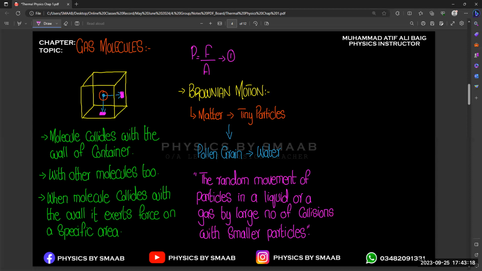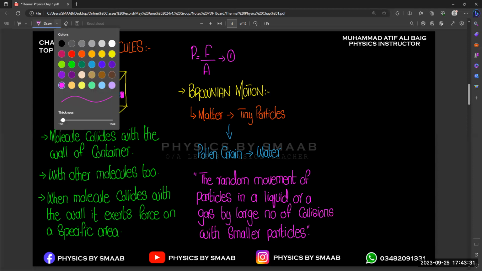Yes, sir. If you consider any small particle, just like the pollen grain or the smoke particles that are suspended in a liquid or a gas, and you observe the motion of that particle with the help of the microscope, you observe random motion like this.